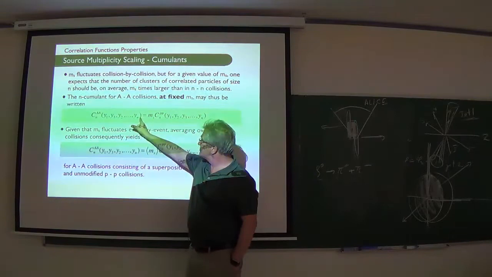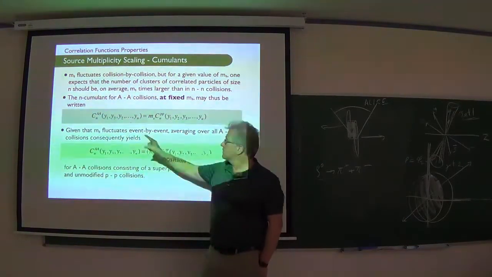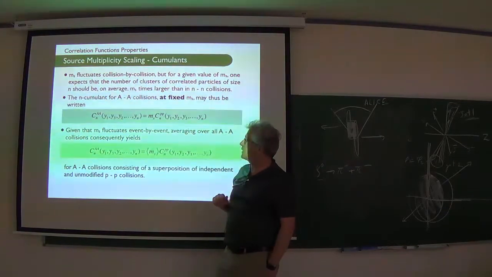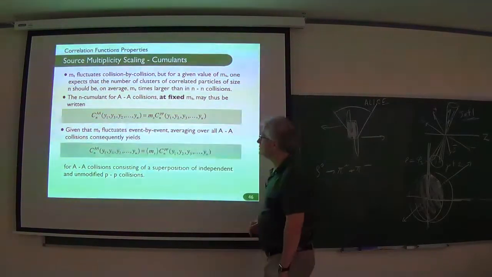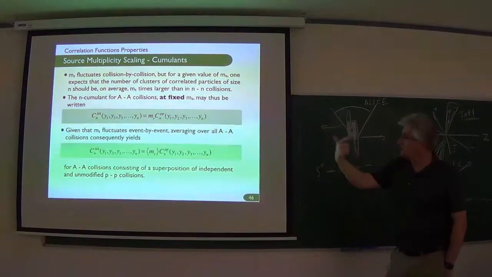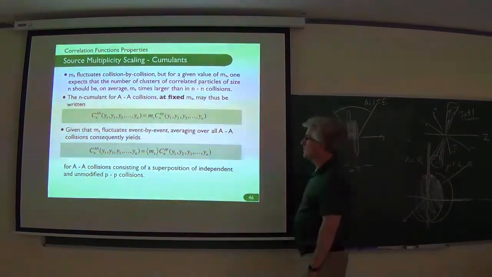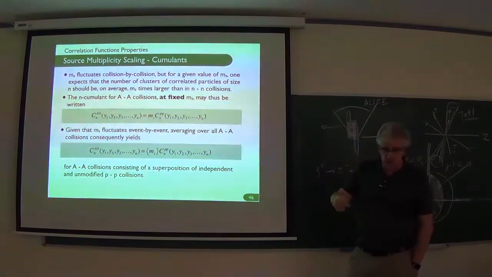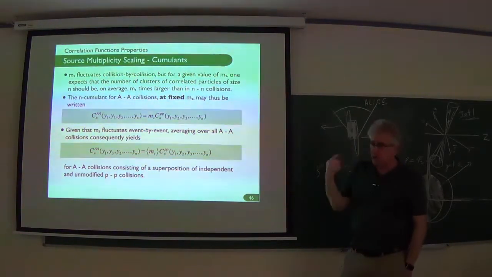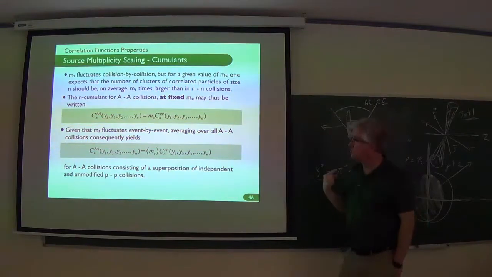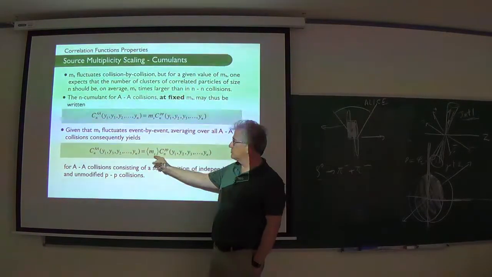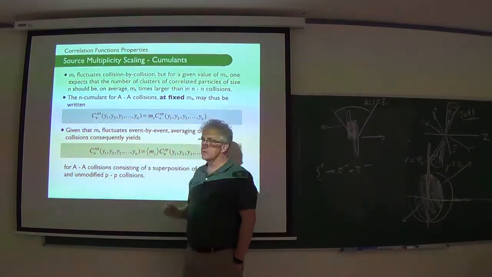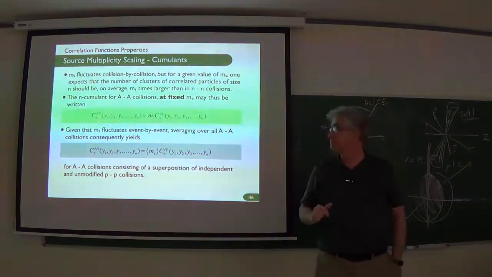That is how the cumulant in AA is related to the one in pp. N is just the number of such correlated sources. Of course, from one collision to another, there will be fluctuations in the number of such sources. So what I see experimentally has to involve an average number.